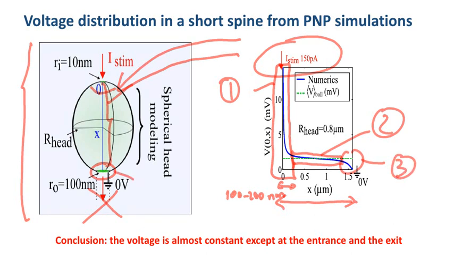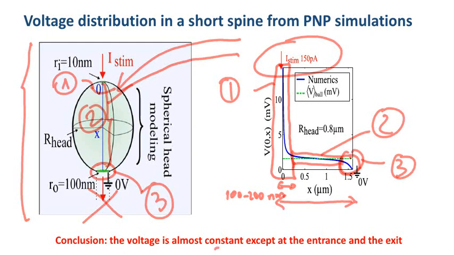So this is 3, this is 1, and the rest is 2. And you can see here again, although it's less pronounced than in region 1, how the voltage is changing where the charges can leave from the spine neck.